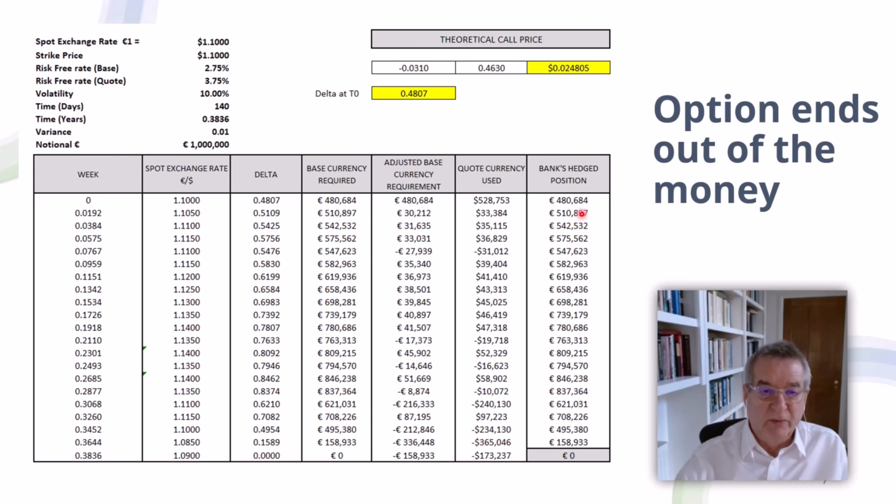And the good news from the bank's point of view is that as a result of the dynamic adjustment to the size of the holdings of euros based on the changing delta that we've already discussed, the bank now would not have any euros set aside for the client because the client is not going to exercise.